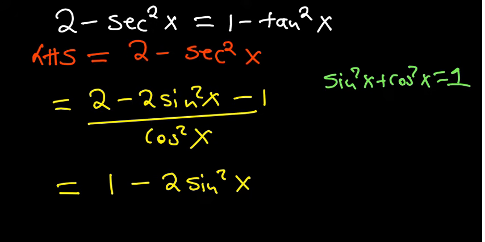And of course our common denominator is still cos squared of x. Are we able to think of any way of simplifying that from that point?